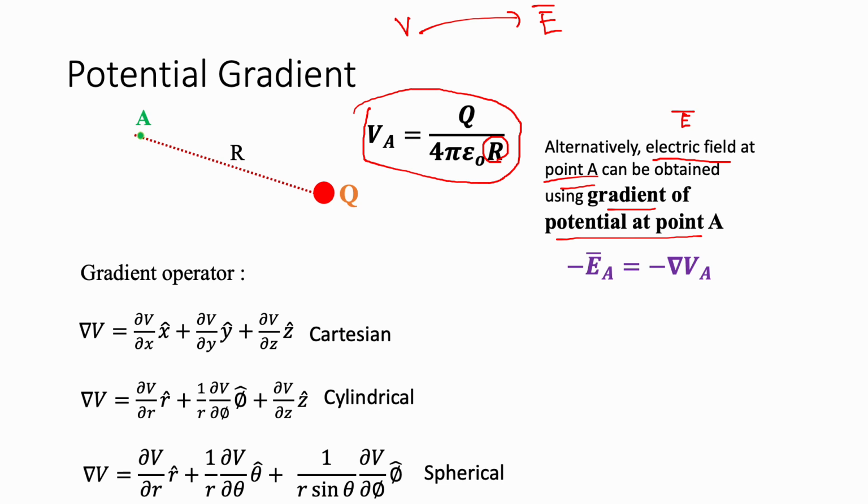So how are we going to use this? Let's recap what we have learned before. V can be calculated as negative integration of E dot dl, and this dl depends on what type of orthogonal coordinate system relates to our system. For example, let's use Cartesian.